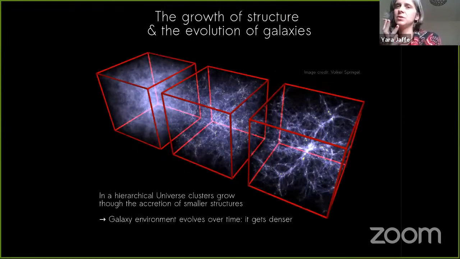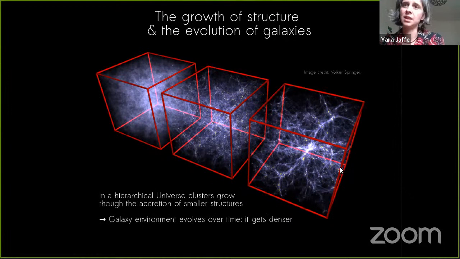So to understand the evolution of galaxies, we need to understand the evolution of the universe first. Our universe, we think, is a hierarchical universe where the structure grows and evolves over time. Here I show cosmological simulations showing the evolution of the density from the early universe at high redshift out to today.